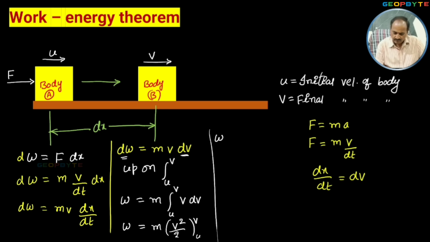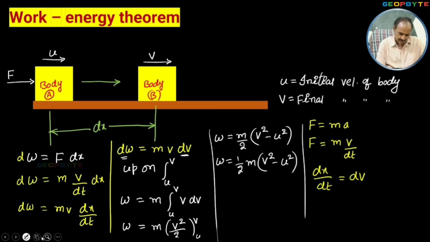Therefore, work equals m by 2 into (v square minus u square), so work equals half into m into (v square minus u square).